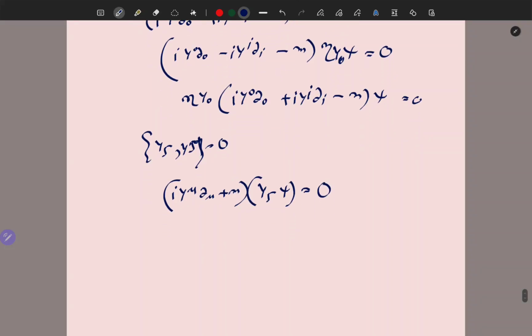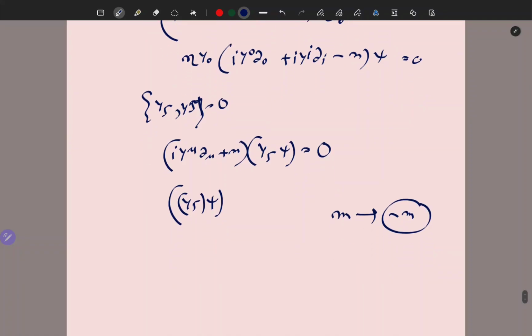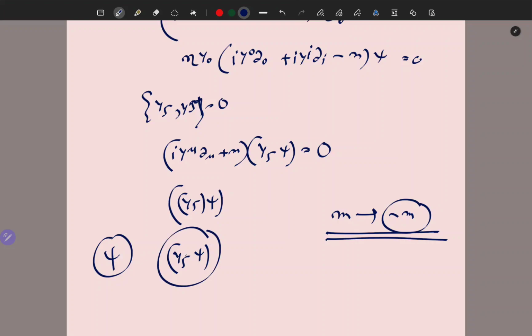This means that if ψ satisfies the Dirac equation, then γ^5 ψ satisfies the Dirac equation with the mass replaced by minus m. For a massless particle, both ψ and γ^5 ψ are spinors which satisfy the same equation. Now the time reversal.